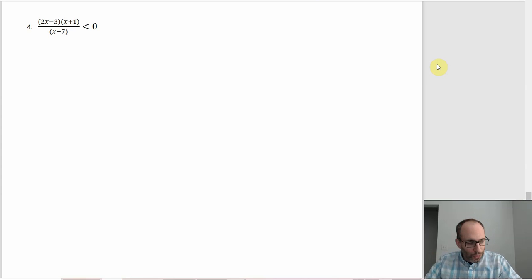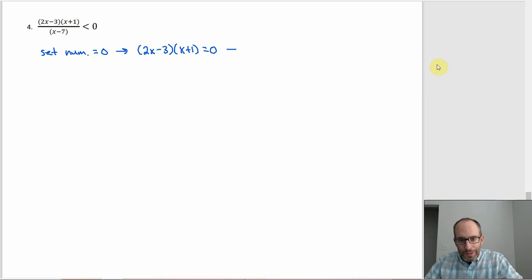So with number 4, if we set the numerator equal to 0, then we'd have 2x minus 3 times x plus 1 equal to 0. And so that would mean that we're going to have either 2x minus 3 equals 0, or x plus 1 equals 0.